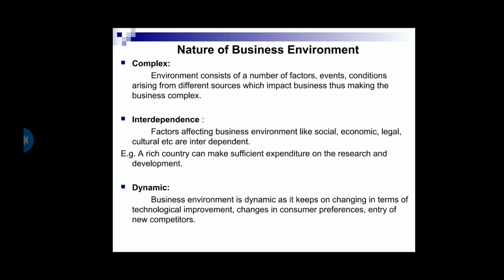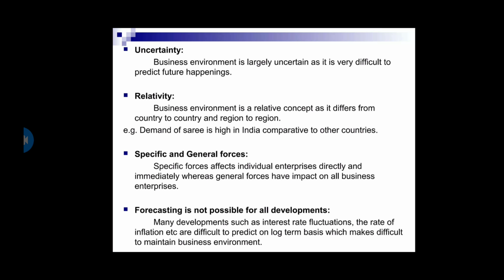They are dynamic in nature also, as they go on changing with time, and they are also uncertain in nature. Uncertainty means which cannot be presumed in advance, which means that any changes which may happen in the business environment cannot be predicted in advance. So, they are uncertain in nature.